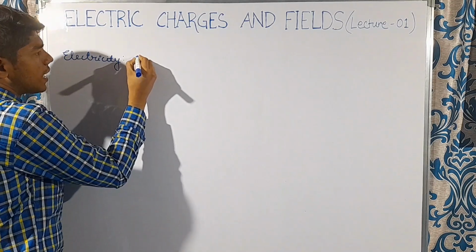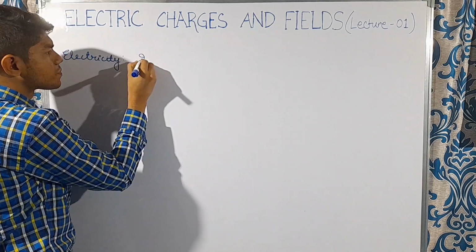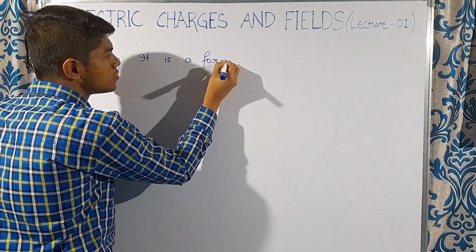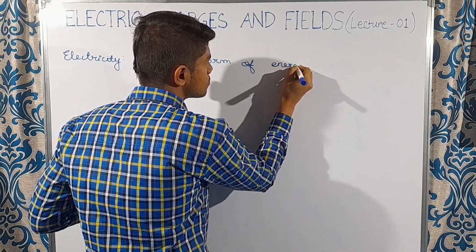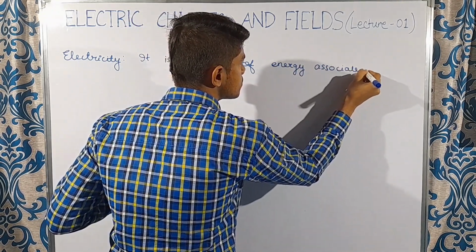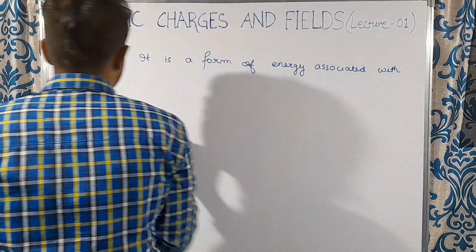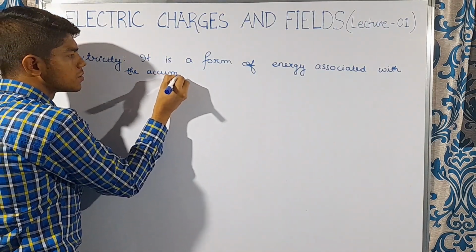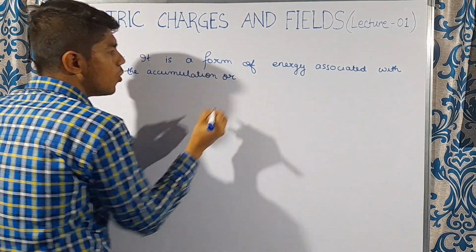So we can write that electricity is a form of energy associated with the accumulation or flow of charge.